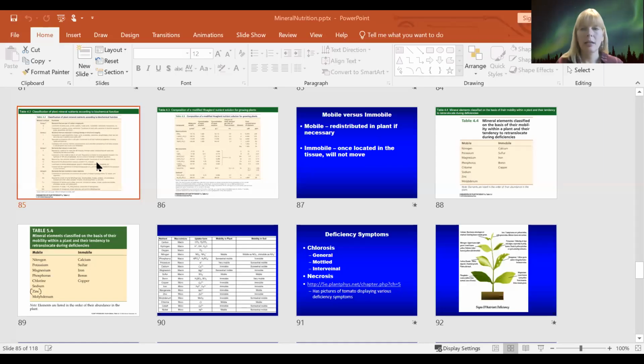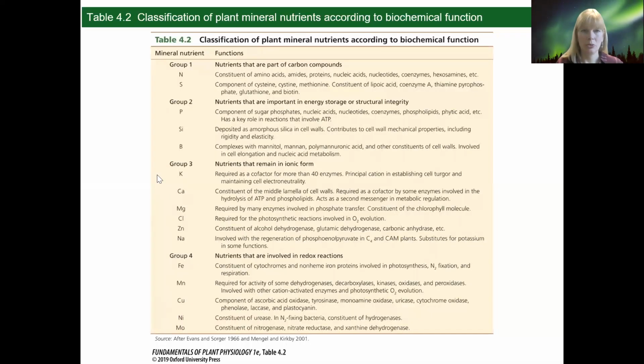So in the mineral nutrition, let me share my screen. In the mineral nutrition slide set, I did say, please know this table 4.2 in the sense of understand how the different minerals group into different categories of how they behave in the plant, what are their functions.